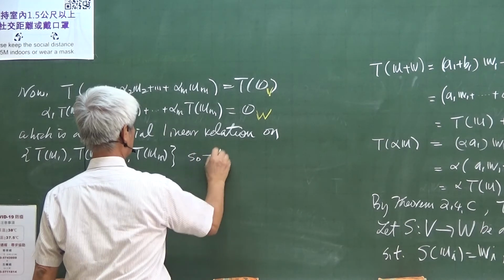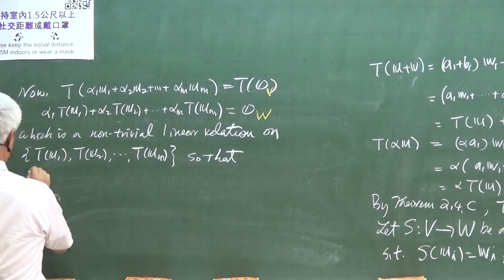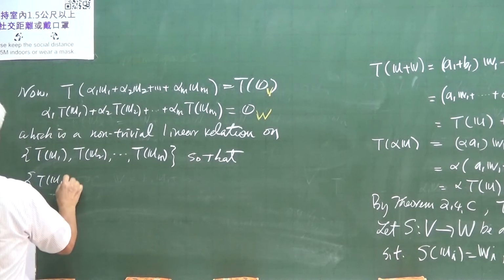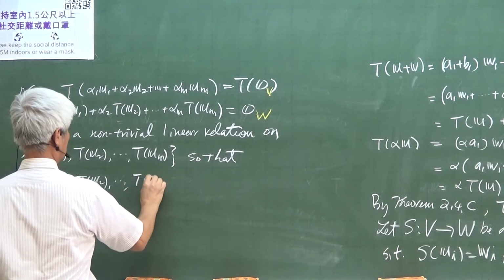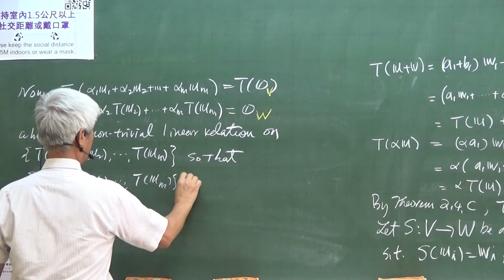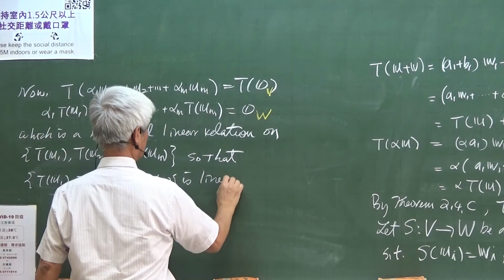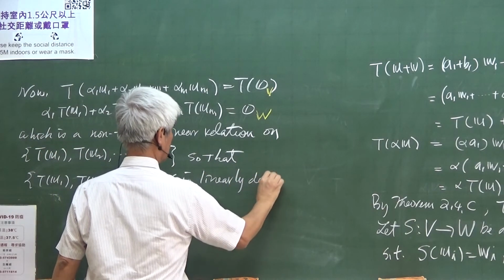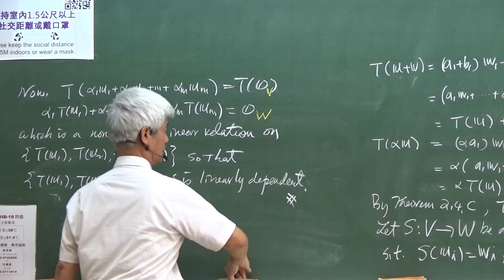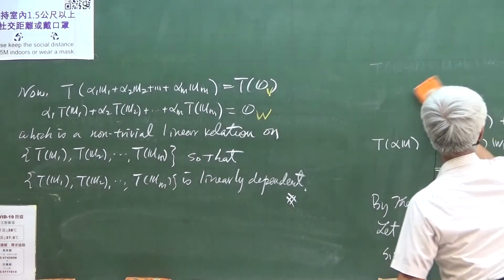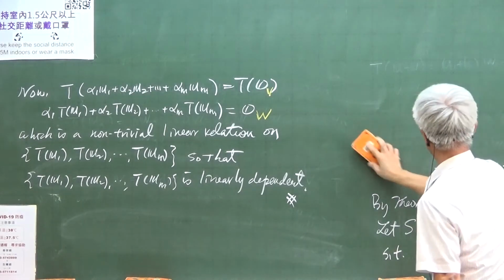So that T U1, T U2 up to T Um is linearly dependent. So the proof is easy.